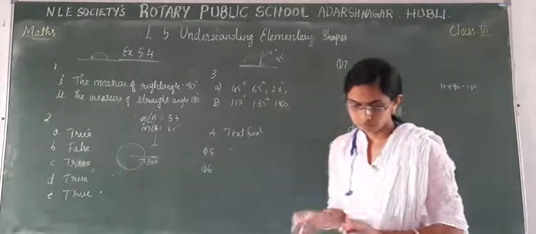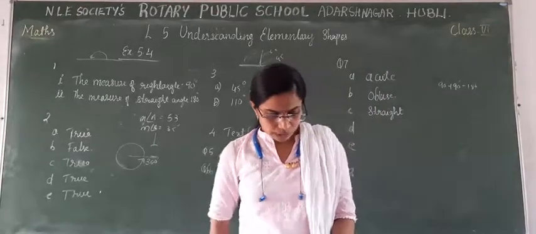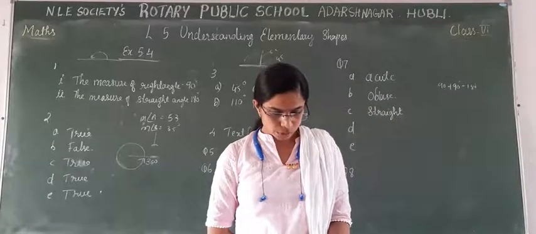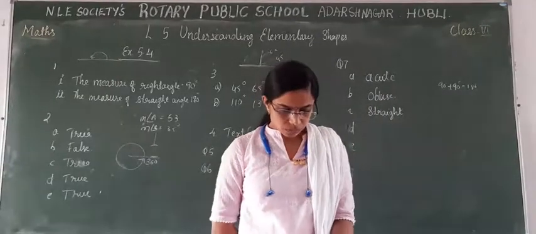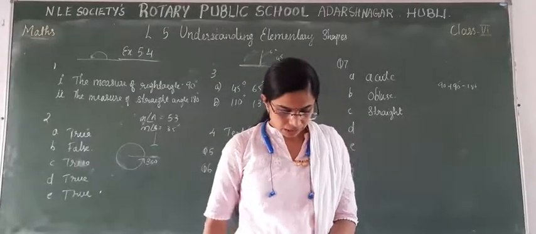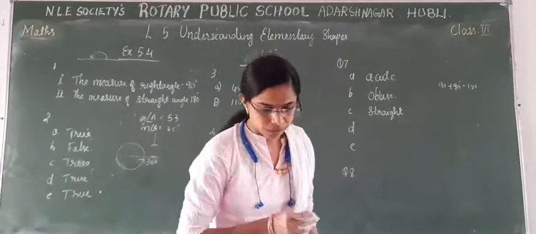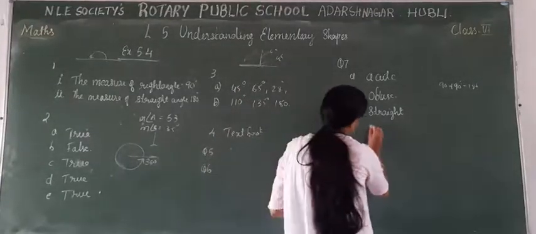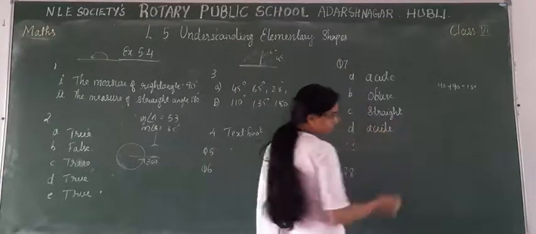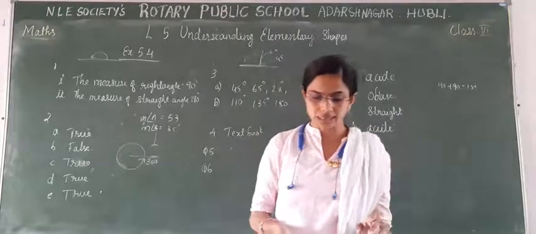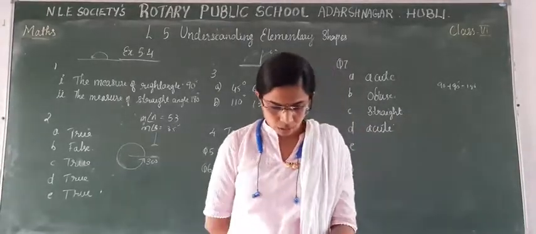Next, B. If the sum of measures of two angles is that of a right angle, then each one of them is acute. Each one of them is acute. So when you add two acute angles, you are going to get one right angle.